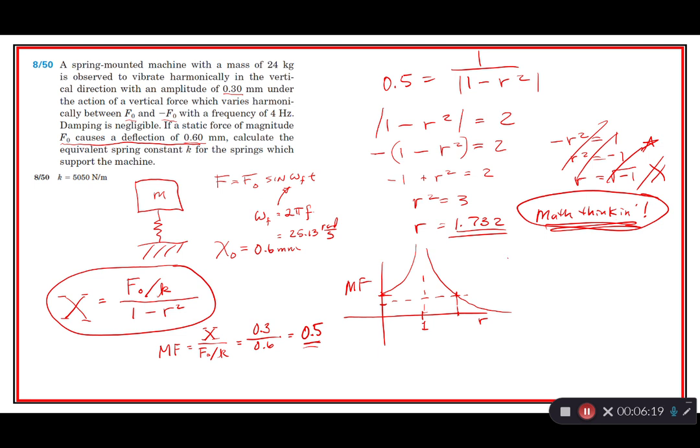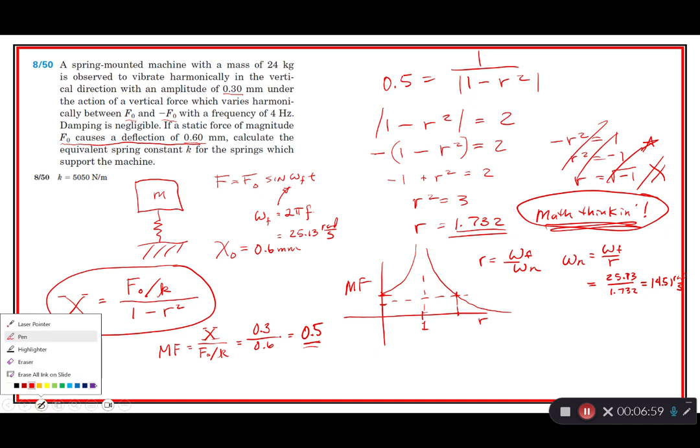And so now we can find out what the natural frequency is going to be, because r is equal to omega_f over omega_n. So omega_n is omega_f divided by r, or 25.13 divided by 1.732. Did I do that wrong? One second. No, I should be right. So we end up with 14.51 radians per second.